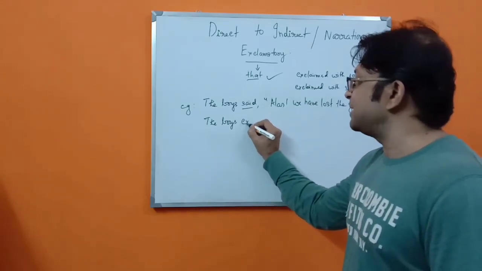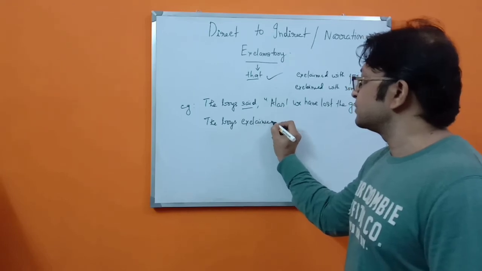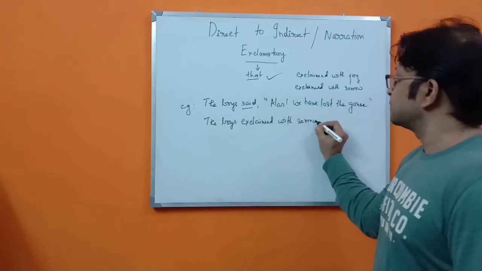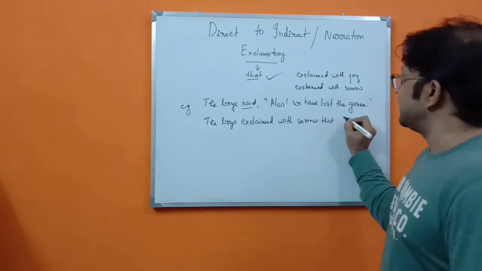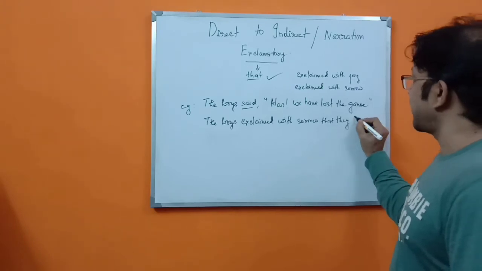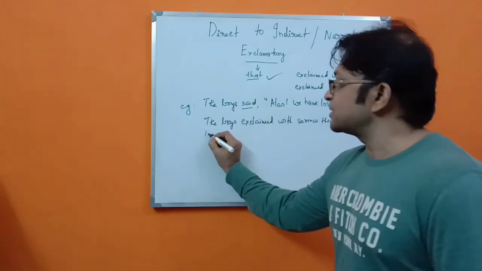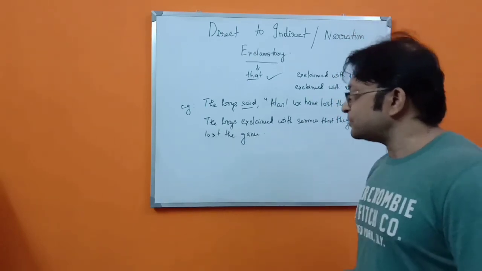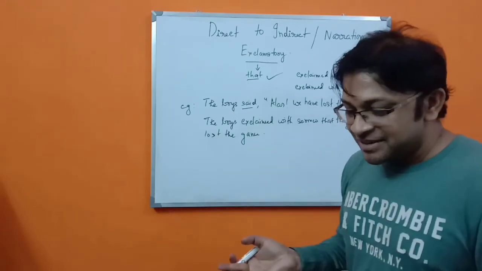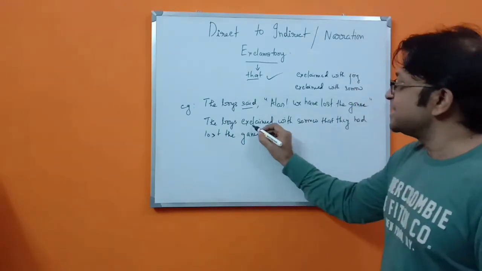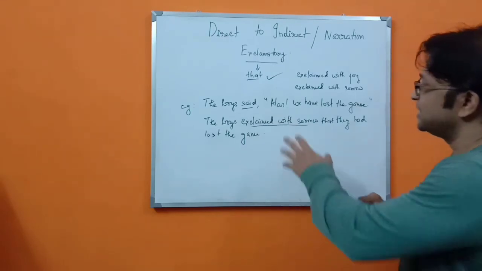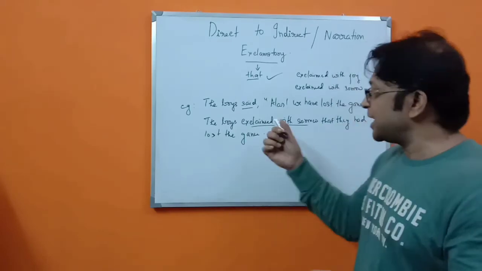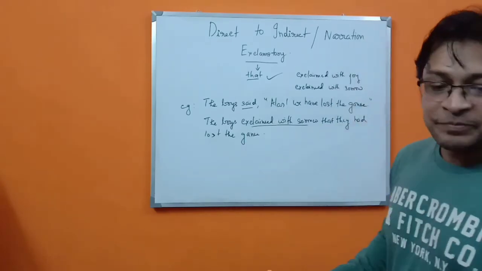The boys exclaimed with sorrow that they had lost the game. So this is done very easily. See the changes: the exclamatory word with the exclamation sign vanishes and the sentence is changed like this.